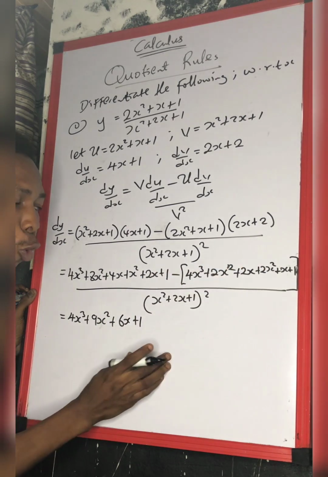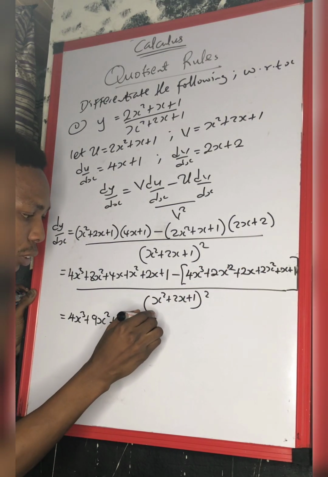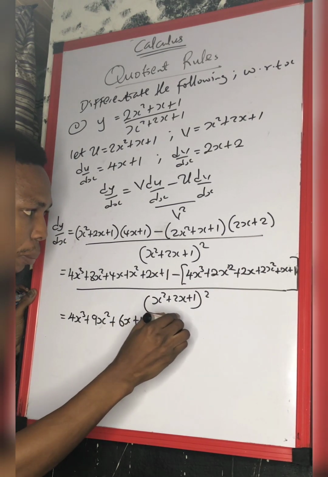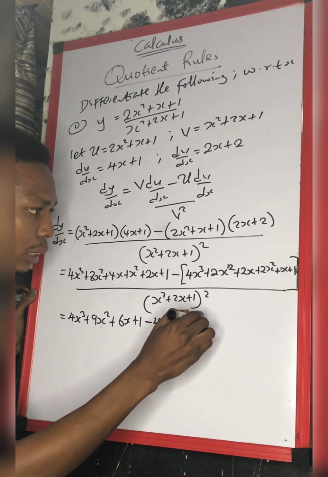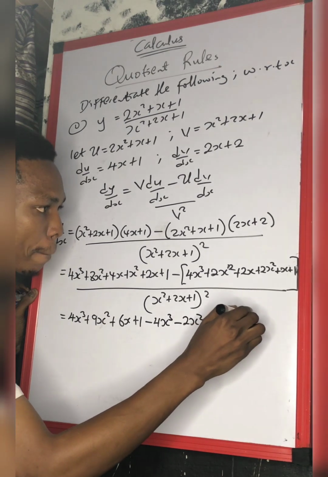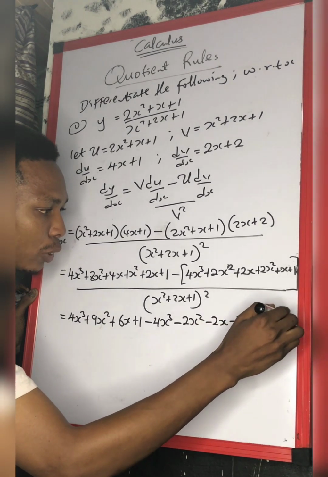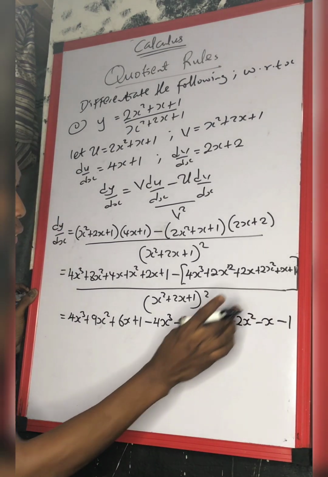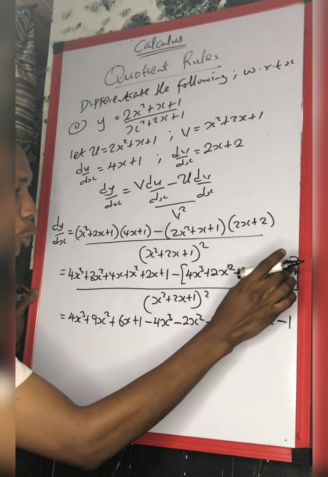Then using minus to open up everything, it becomes minus 4x cubed minus 2x squared, then minus 2x minus 2x squared minus x minus 1. Sorry, this is going to be 2, not 1.